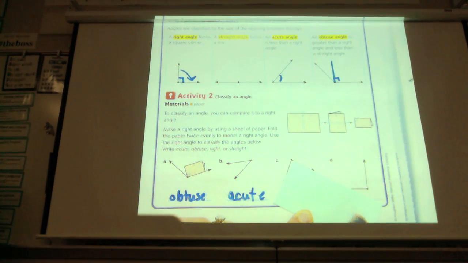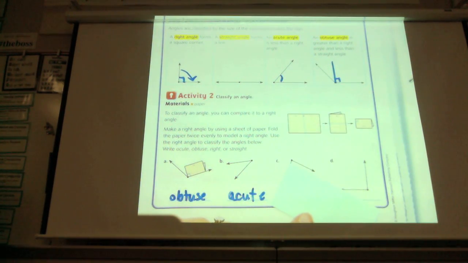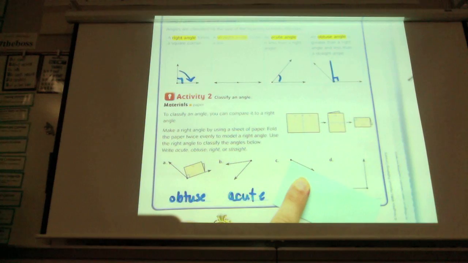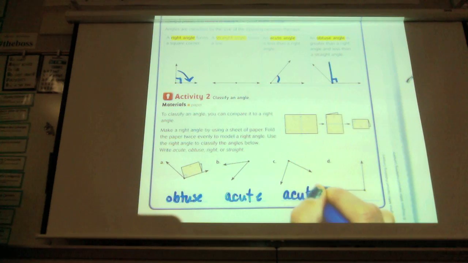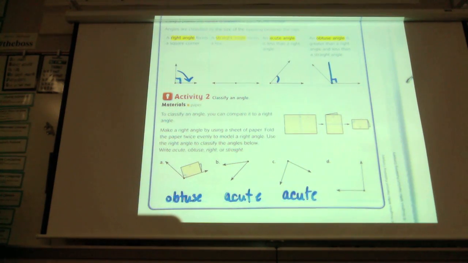Greater than. Oh no, it's less than. It's hidden. If it was greater than, I should be able to see that other line, but I can't see it. It's hidden. It's gone, and it takes me a while till I can really see it. It is smaller. It is smaller than a right angle. It is smaller than a corner of a piece of paper.